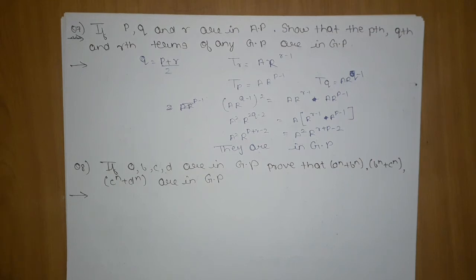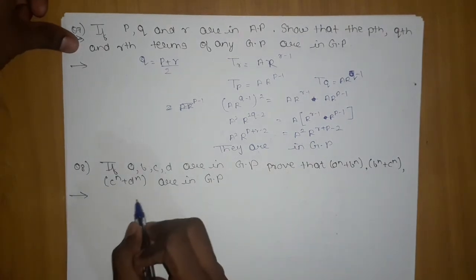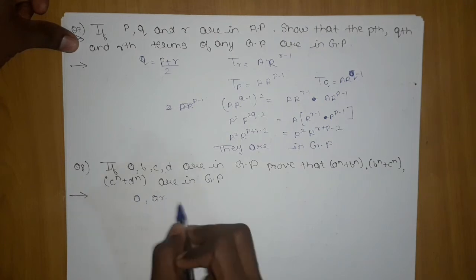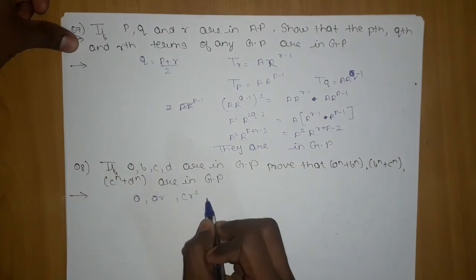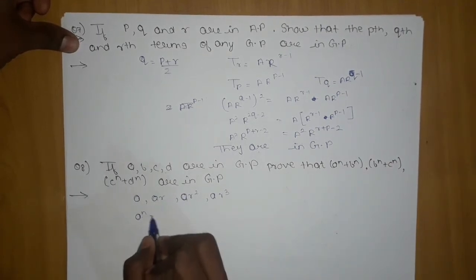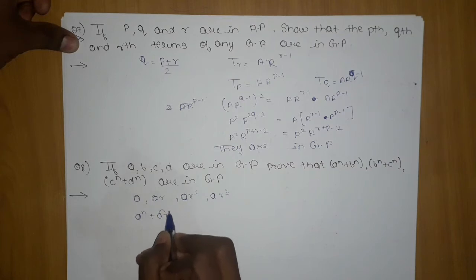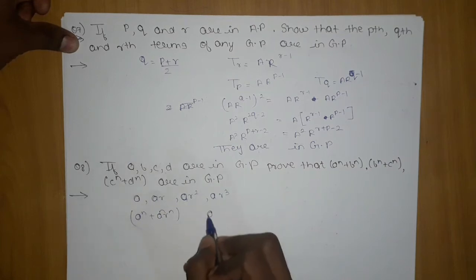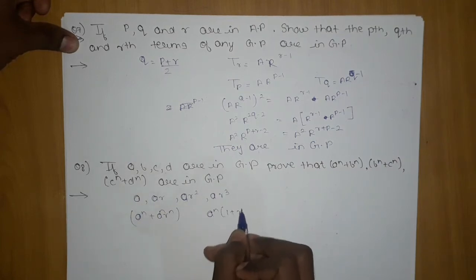So what it says, if A, B, C, D are in GP, prove that A power n plus B power n, comma B power n plus C power n, comma C power n plus D power n are in GP. Now they are in GP, so I can consider them as A, B as AR, C as AR square, and D as AR cube. Now if you see this, it is A power n plus A power n R power n. If I take A power n common, I get 1 plus R power n.